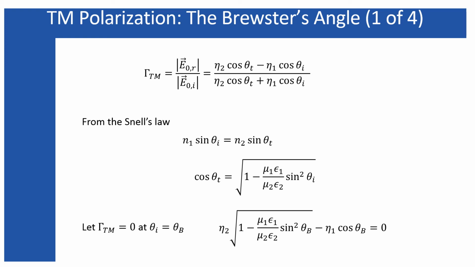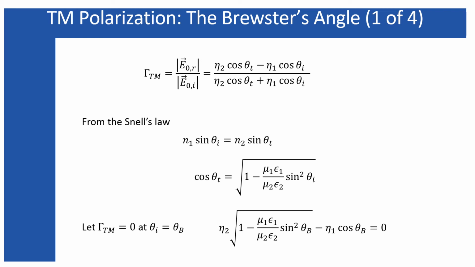But there is a phenomenon called the Brewster's angle that states that for TM polarization, there is a possibility that the total energy or total wave gets transmitted without having any wave reflected back into the medium, and that we can find out. And that angle at which the total transmission takes place is called the Brewster's angle.